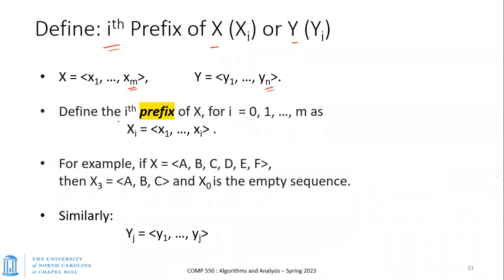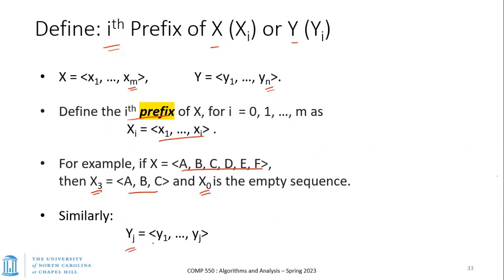Then I can define the ith prefix simply by taking the first i characters. For example, the third prefix of A, B, C, D, E, F will simply be the first three letters, A, B, C. And obviously the 0th prefix of X will be an empty sequence.